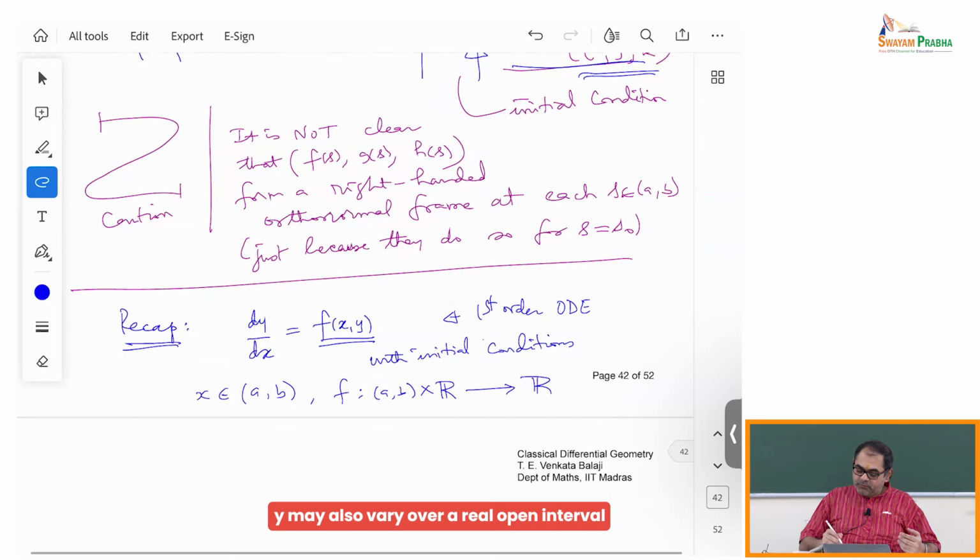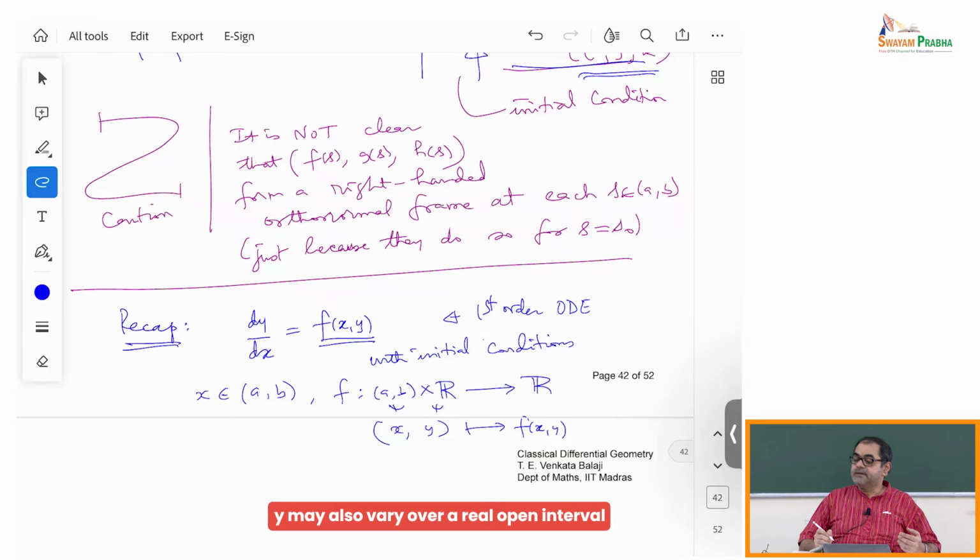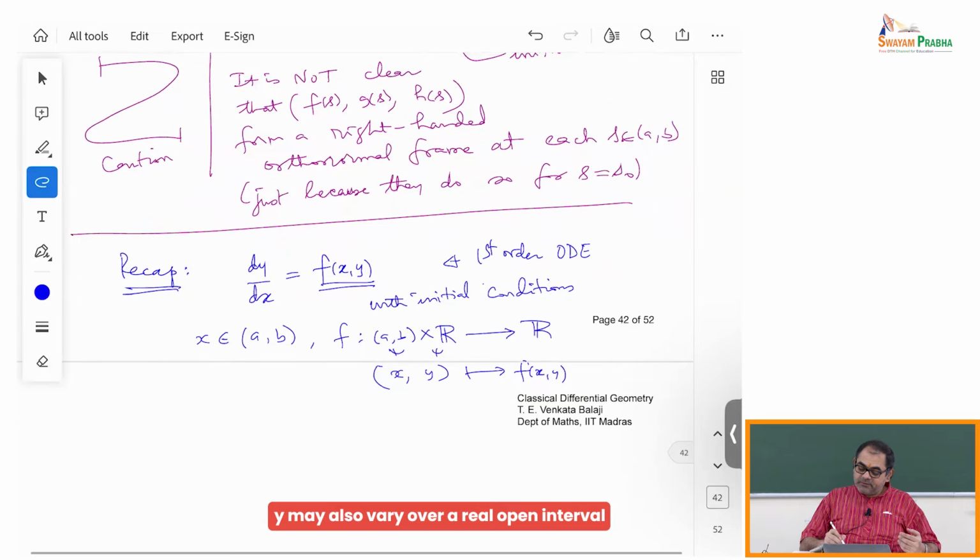You take an x in (a, b) and a y in R, and then you get this value f of x comma y. And you give initial conditions, namely you say y dash at x naught is equal to some y dash 0.